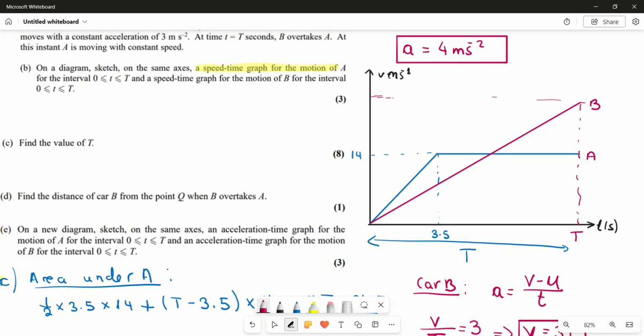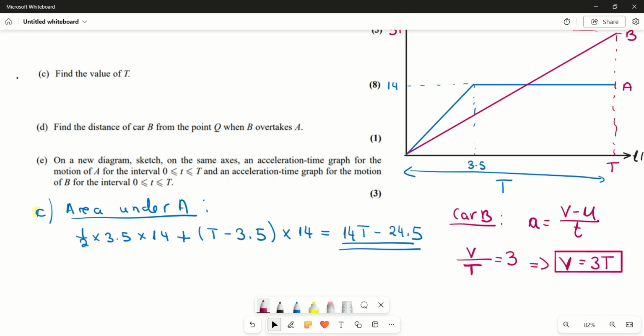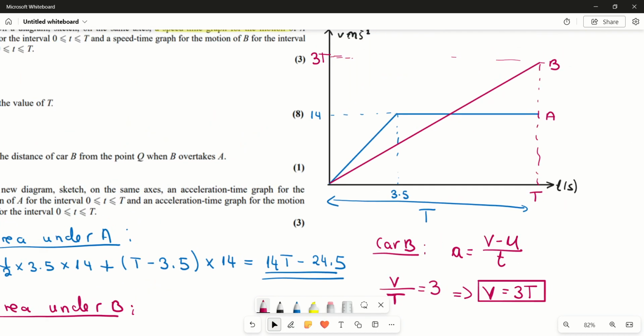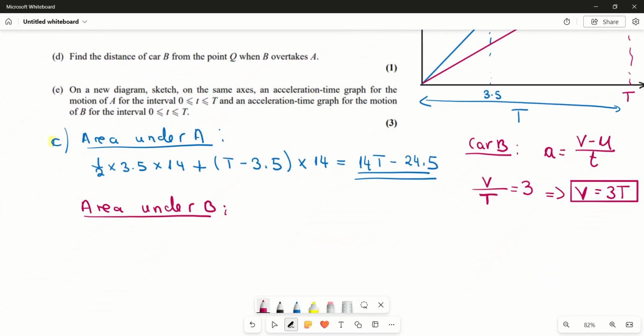As I know it's going to reach a velocity of 3t here, can I now work out the area under graph B? The area under B must be the area of the triangle, which is a half times t times 3t, which is 3 over 2 t squared.